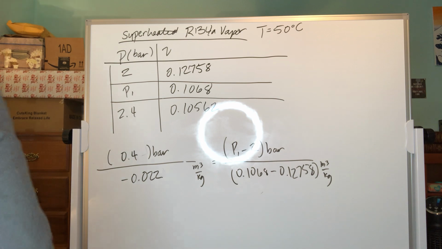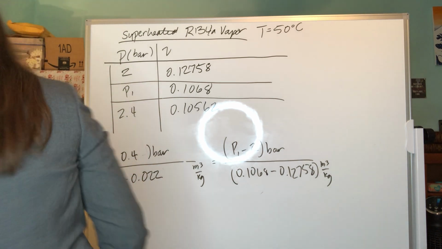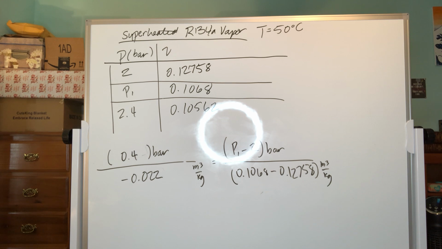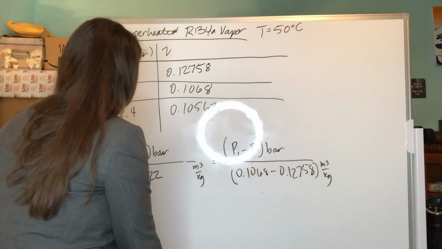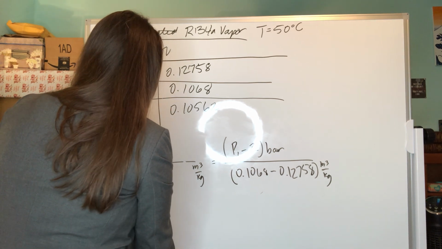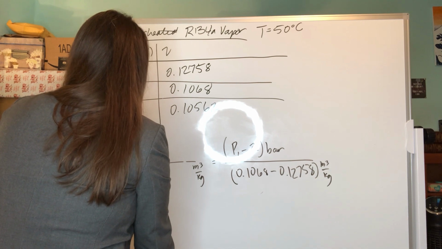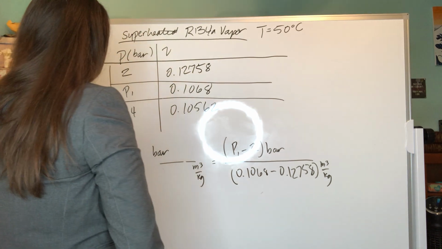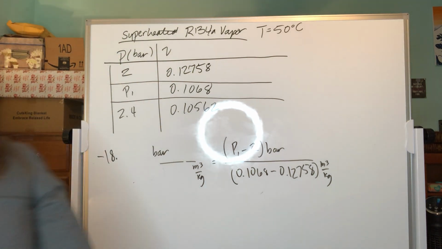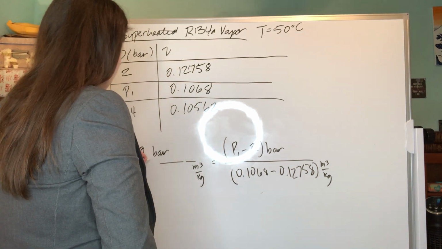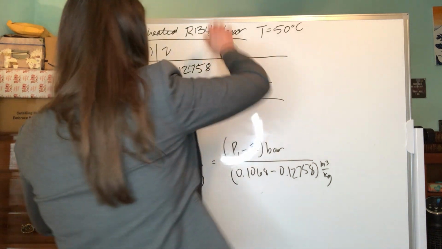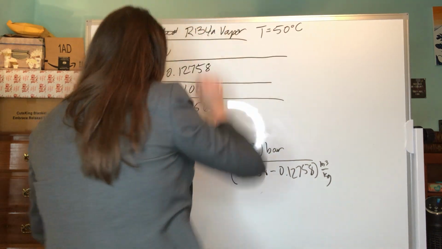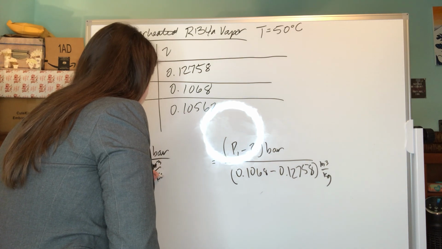And then this divided by this comes out to be negative 18.2149 bars over meters cubed per kilogram.